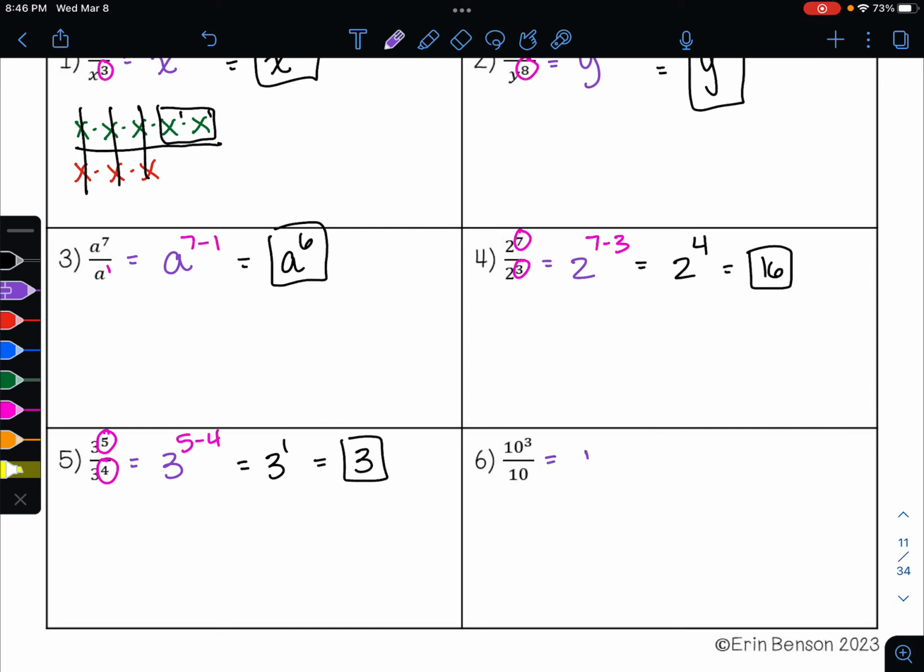Our base is 10. What are my exponents? 3 and 1. So we'll do numerator minus denominator. 3 minus 1 is 2, so I get 10 squared. When I evaluate that, I get 100. So that is the quotient rule.